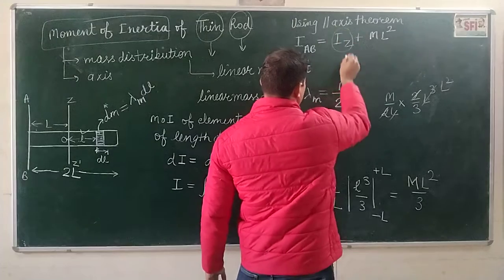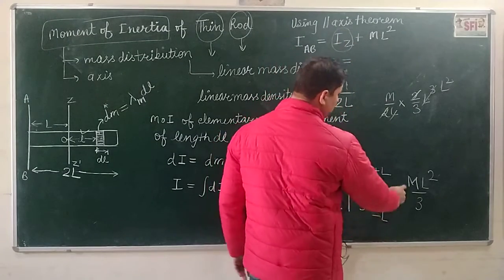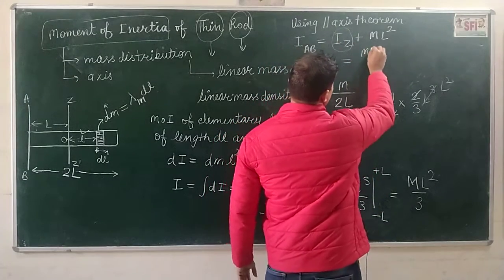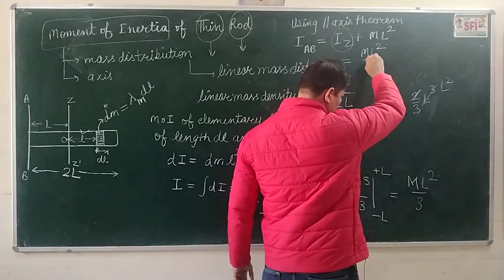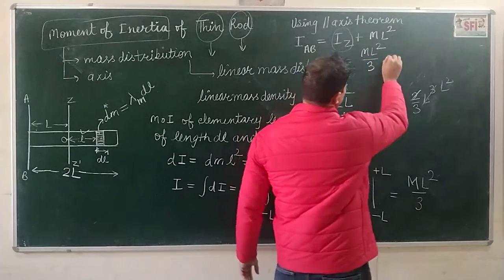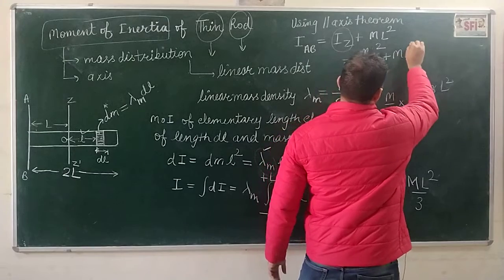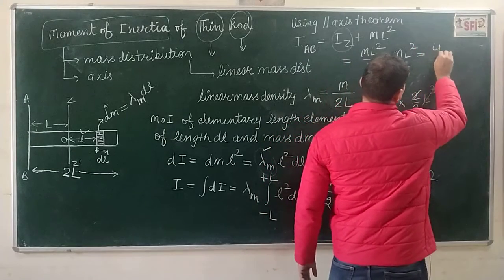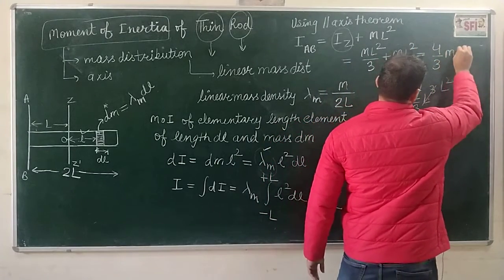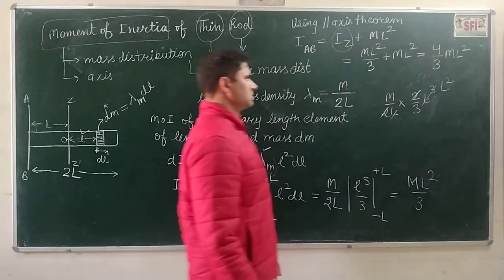So if you substitute the value of Iz, which is M L square by 3, plus M L square, it will give you 4 by 3 M L square.